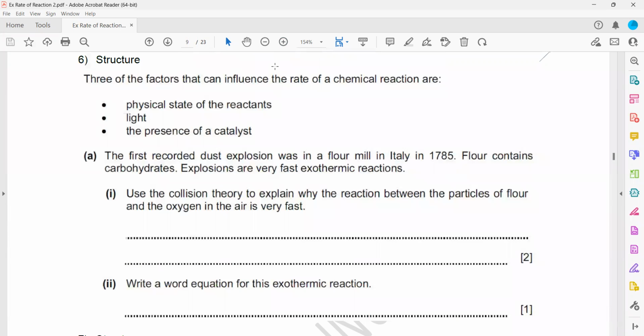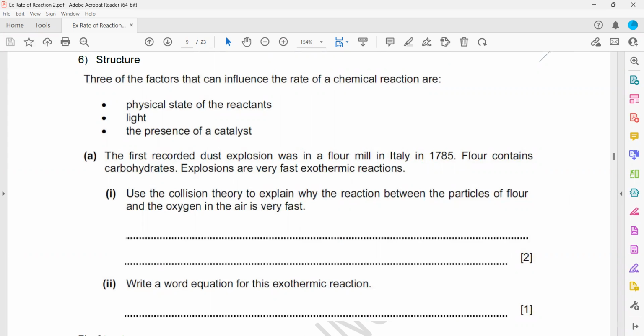In this question, three factors which can influence the rate of a chemical reaction are the physical state, light, and the presence of a catalyst. The first recorded explosion was in a flour mill in Italy, 1785. It contained a carbohydrate. So when you burn a carbohydrate, what will be the product? Because a carbohydrate contains carbon, hydrogen, oxygen.